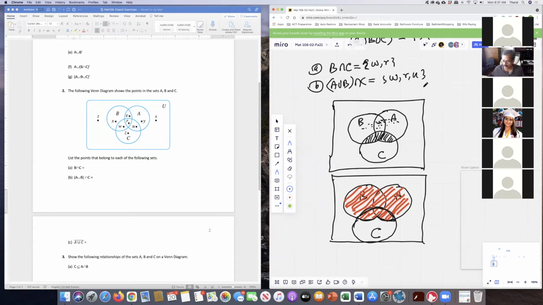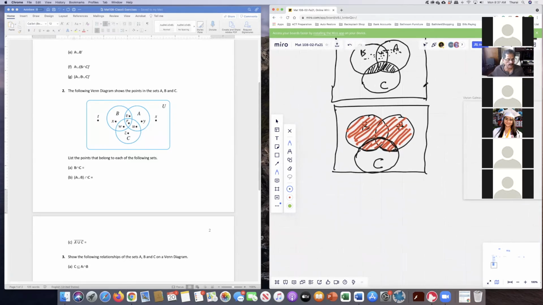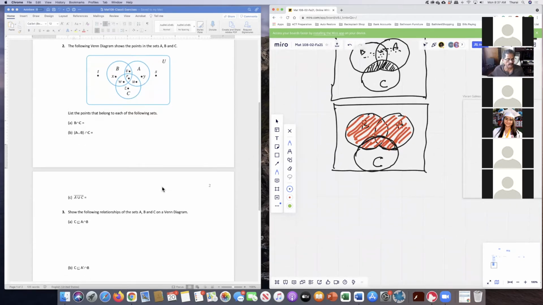There is one more question, A union C bar. Okay. A union C bar. Can anybody find the answer now? The complement of A union C has what elements? So that will be basically R and U, right?